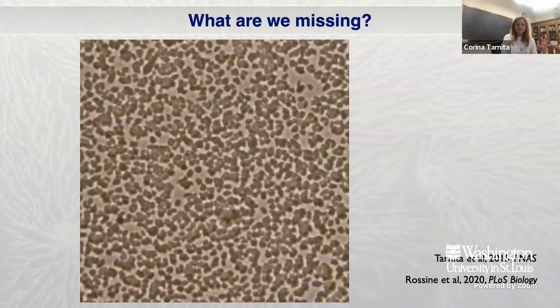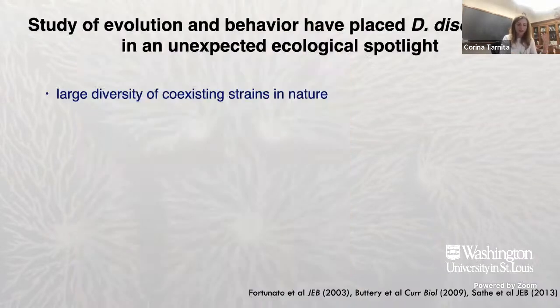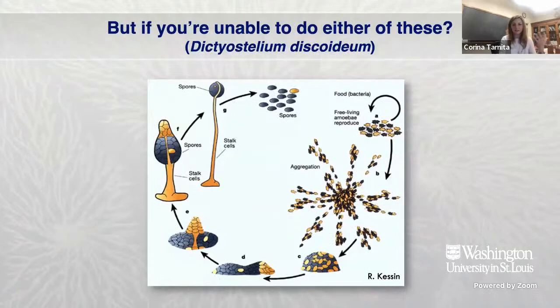So here's a video of the aggregation of this, and I'm sorry, I got carried away, but I should have said that basically what Dictyostelium discoideum does is that they are free-living amoebae that feed on bacteria.